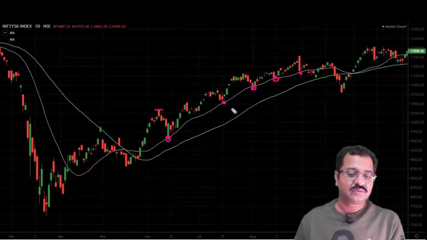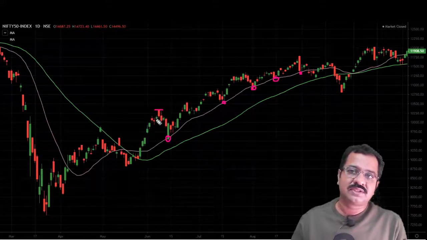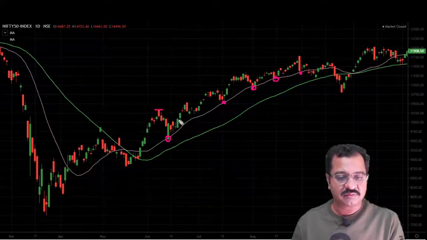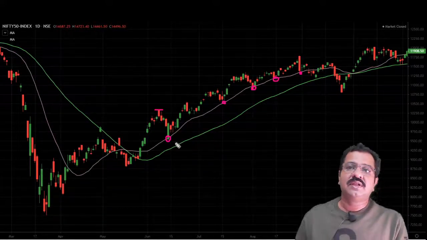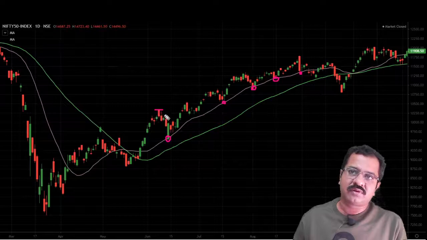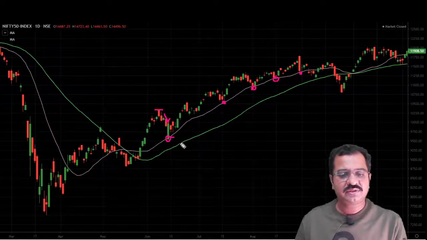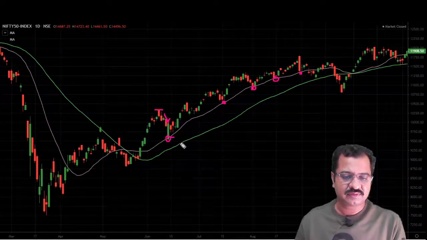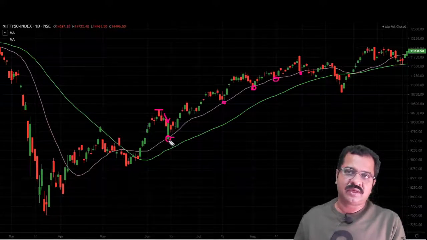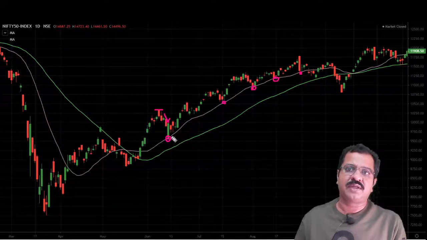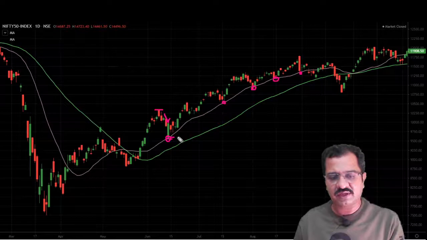So you have to create the strategy where when price is in bullish momentum or in a bullish trend, then you should wait for it to correct, and when price comes to the 20 moving average, you should enter, or you can wait for the price to reverse from the 20 moving average, and then you can enter.